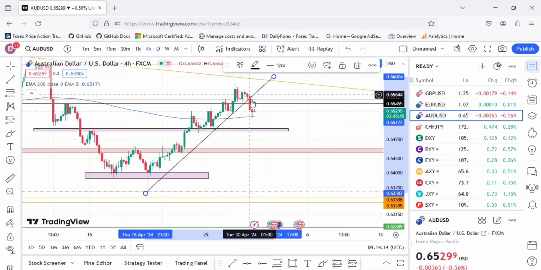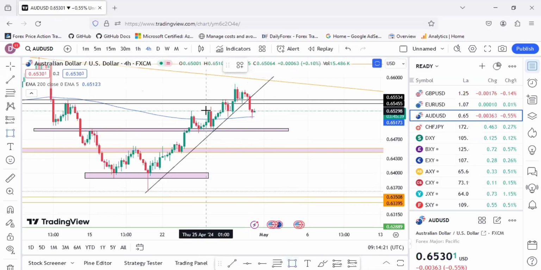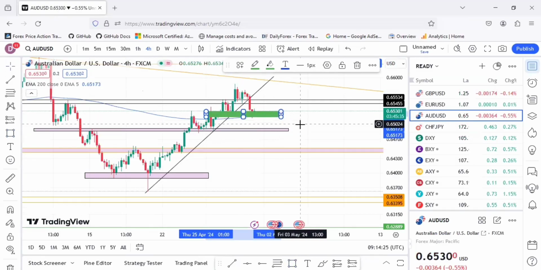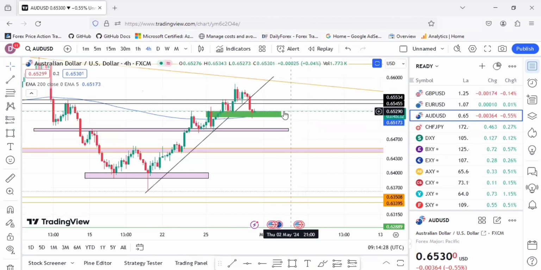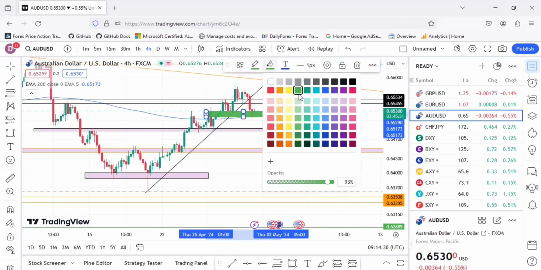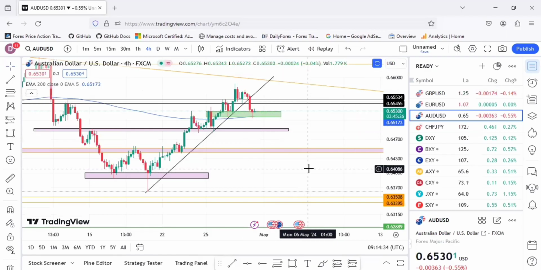Since it has broken it now, we need to wait for it to also break this structure here. If the price is unable to break this structure, then there is nothing we can do other than wait. You understand?